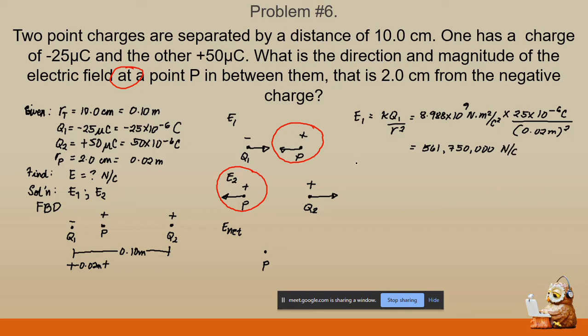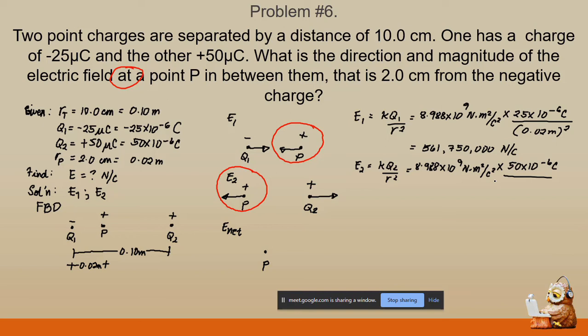Next, let's calculate the magnitude of our E sub 2. Given the formula K times Q sub 2 over r squared, substitution: 8.988 times 10 raised to positive 9 newton meter squared per coulomb squared, times our Q sub 2, that's 50 times 10 raised to negative 6 coulombs, divided by the distance between our test charge P and Q sub 2, which is 0.08 meter.